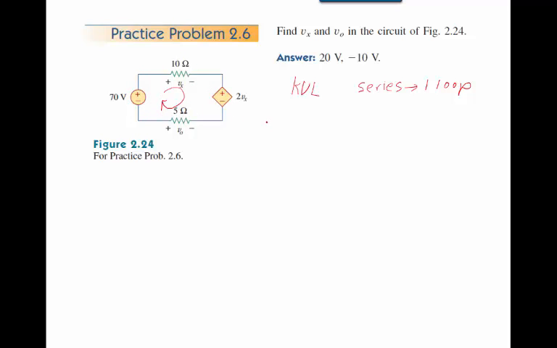So it's a minus 70, because I hit the minus sign first, and the plus sign first on this one, and there's going to be a plus Vx. I know I'm going out of order here, but it's for a reason.